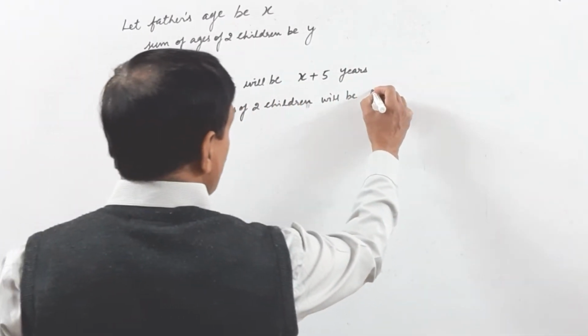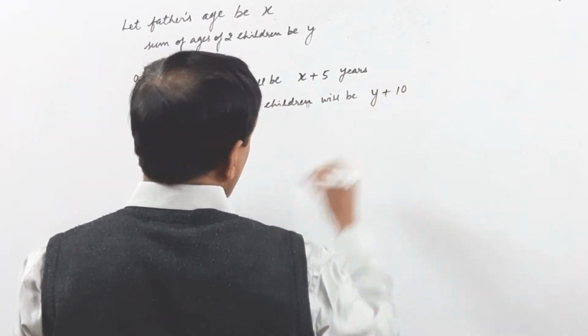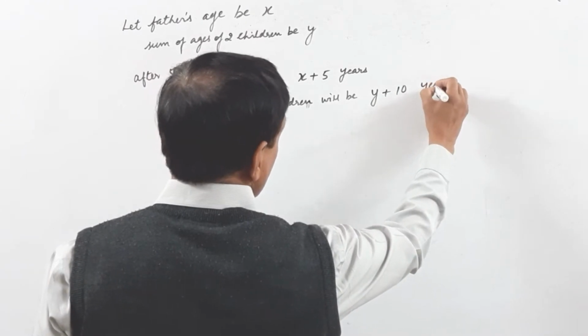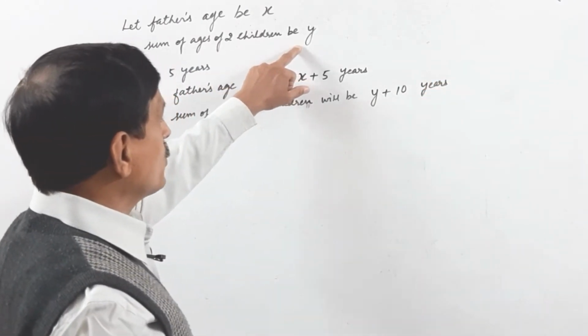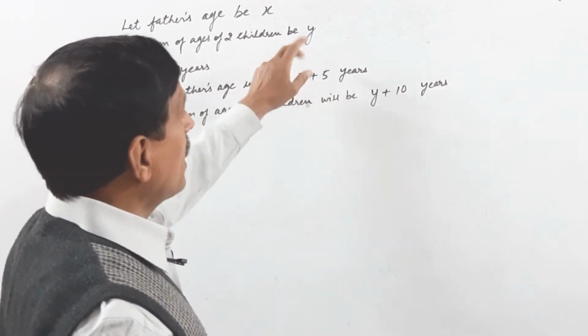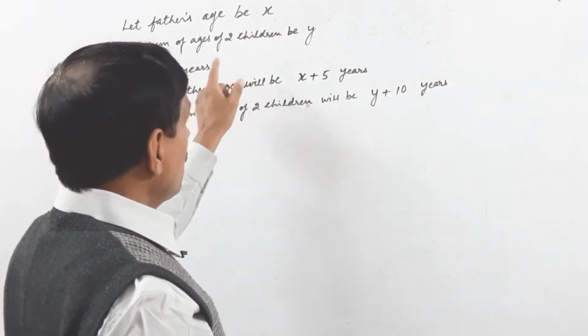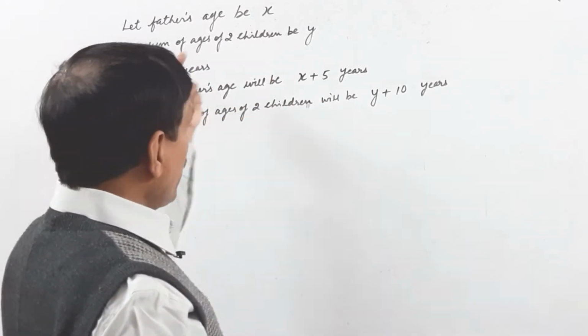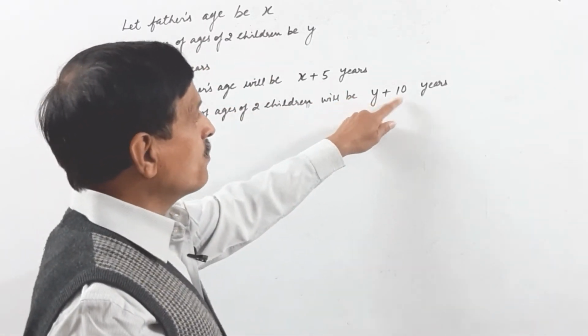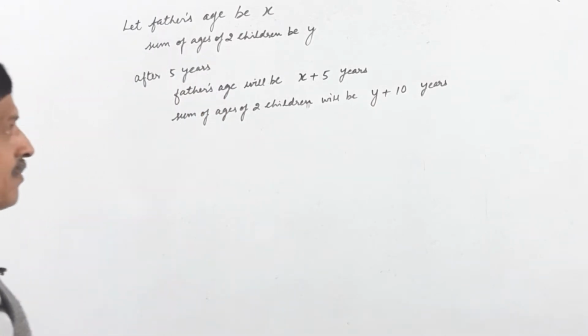So it will be y plus 10 years. Y is the sum of present ages of 2 children, and after 5 years the age of each child will increase by 5 years. So in the sum the age will increase by 10 years.